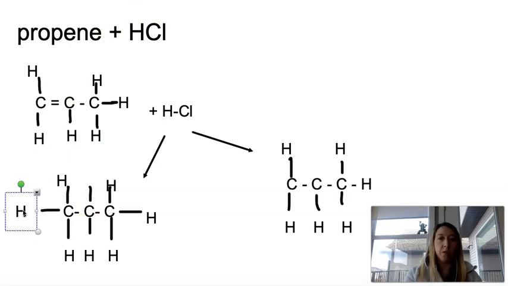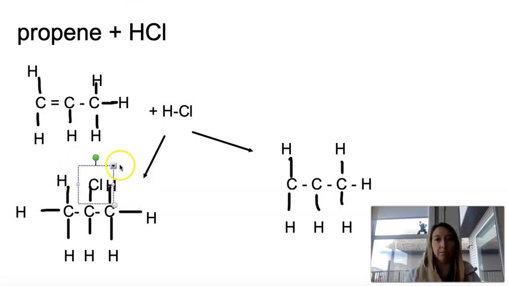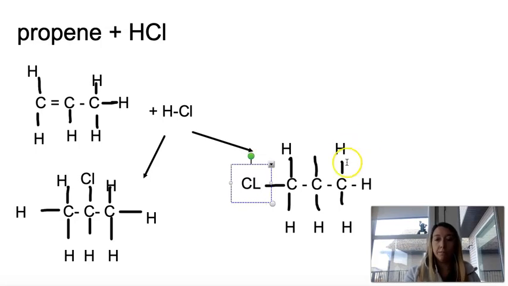Okay, so first option, I'm going to put the H on the end and I'm going to put the chlorine on that second one. The other option, which we can draw over on the other one, is to just switch where that H and that Cl are. So we can put the Cl on the first one and the H on the other one.